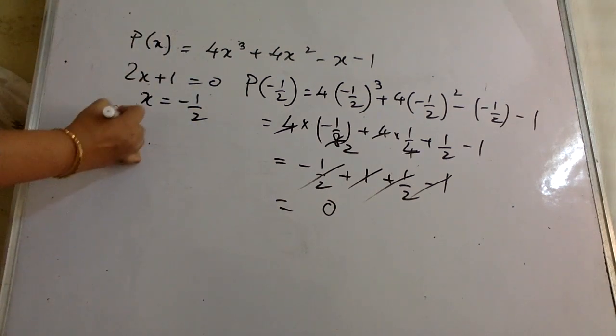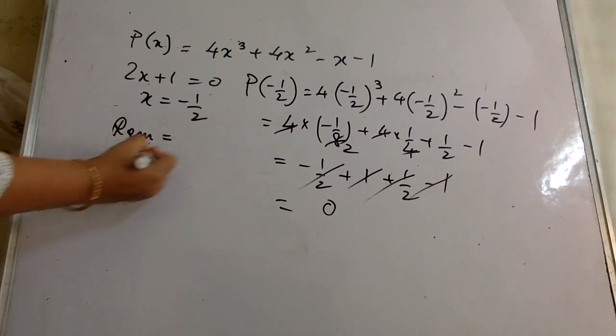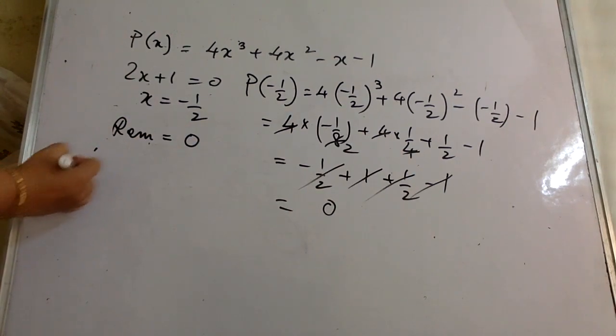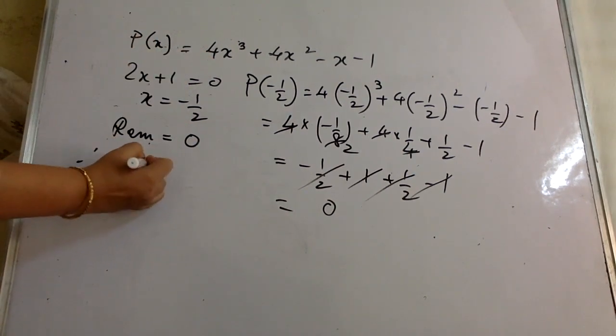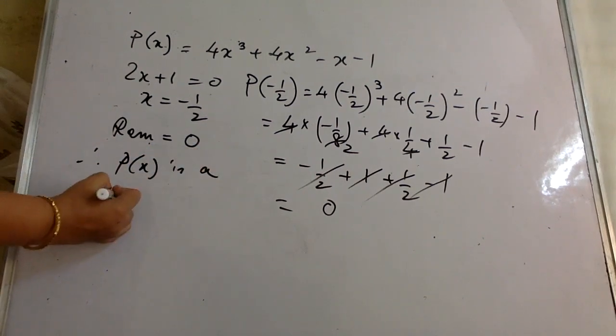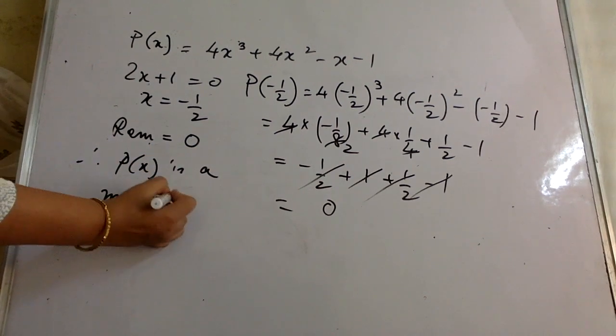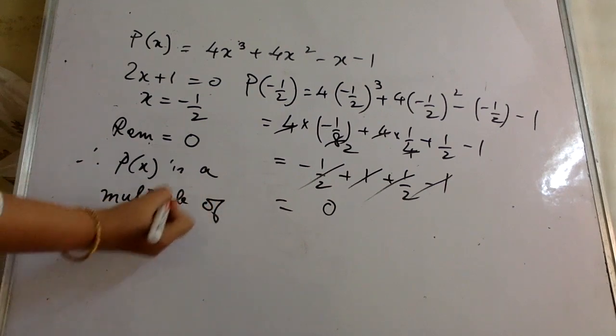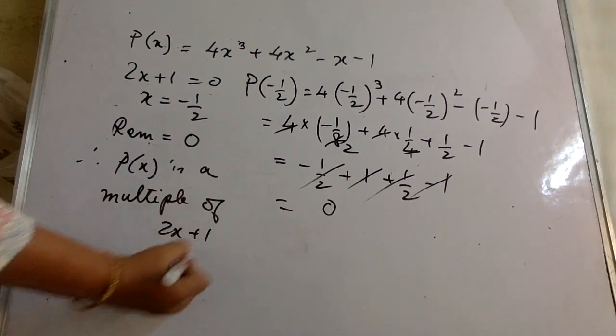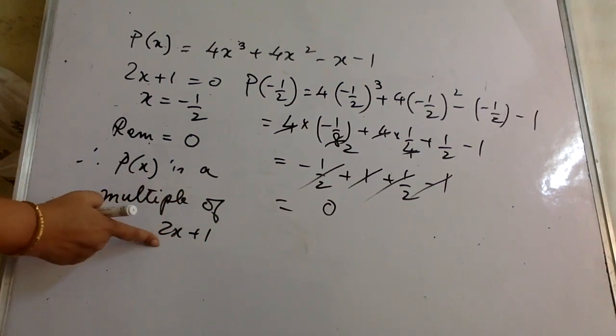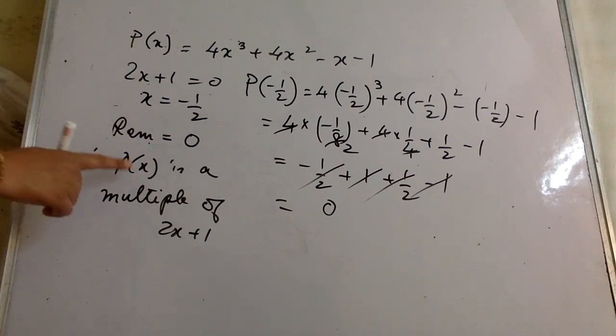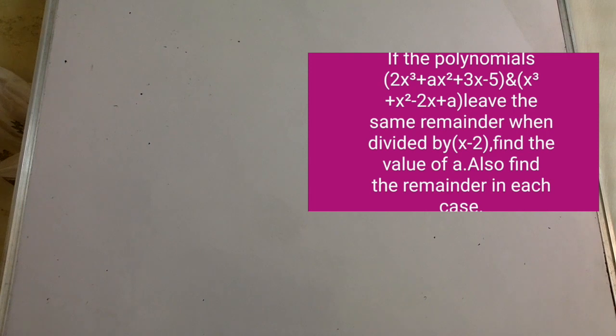If the remainder is 0, write clearly for the teacher to see, yes, remainder is a 0. Therefore, p(x) is a multiple of 2x plus 1, clearly, because when we divided this by this, we didn't get a remainder, hence this must be a multiple. Now you can read the question on the board.